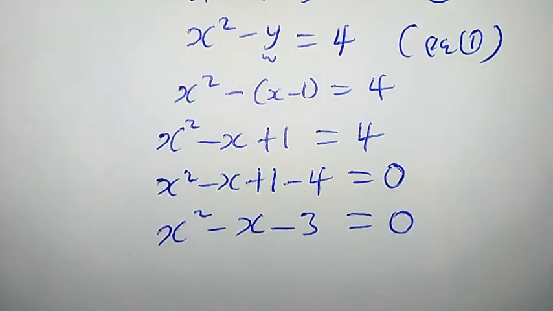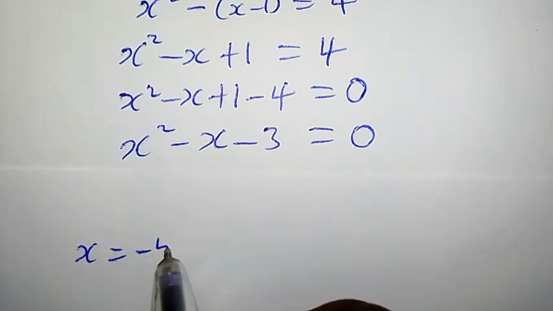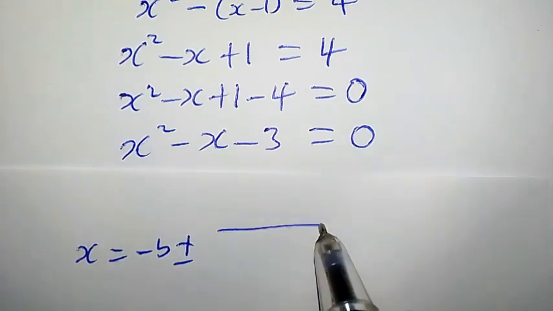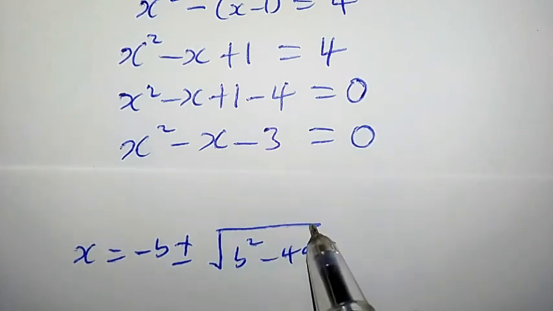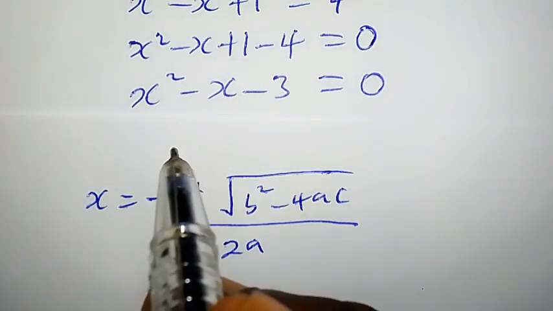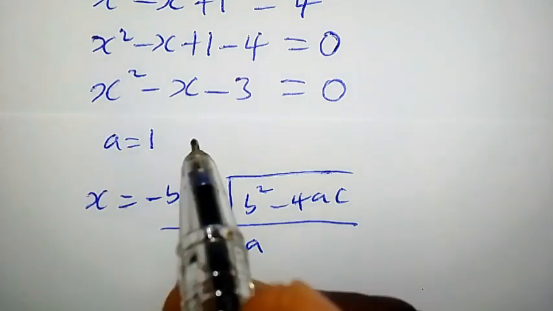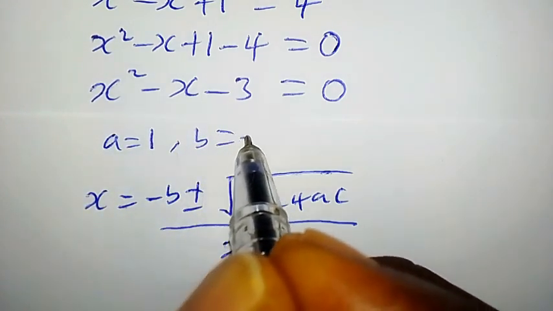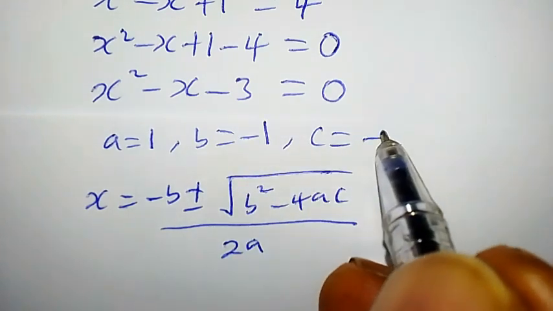We can solve this quadratic equation by using the quadratic formula. Let us do that now. The quadratic formula says x is equal to minus b plus or minus square root of b squared minus 4 times a times c, over 2a. From this quadratic equation, you will notice that our a is equal to 1, coefficient of x squared, and our b is equal to negative 1, coefficient of x, and c is equal to minus 3.